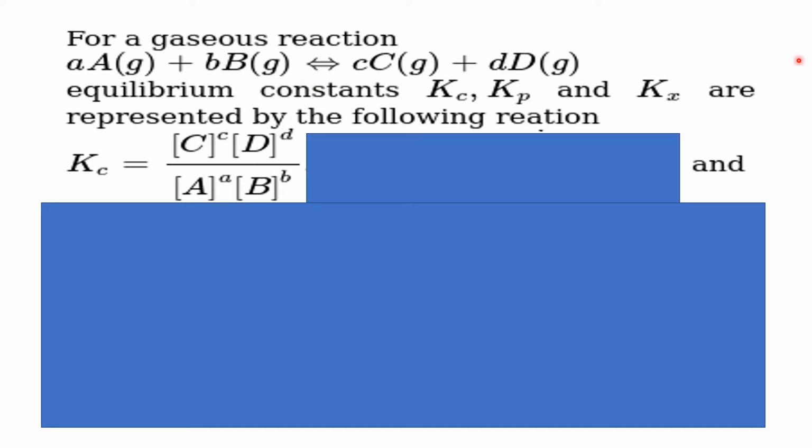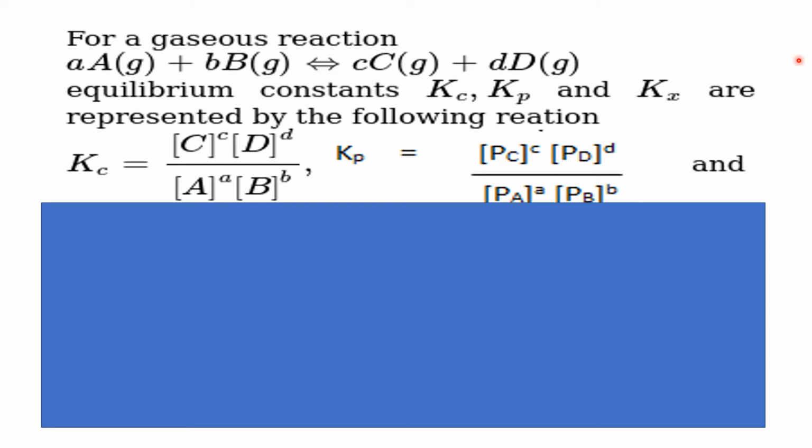Thus, for any gaseous reaction at equilibrium, we have to use the term Kp, and Kp is equal to the product of the partial pressures of the products, partial pressure of C into partial pressure of D, divided by partial pressure of A into partial pressure of B. We know C and D are the products, and A and B are the reactants.